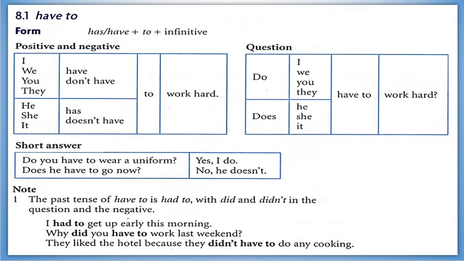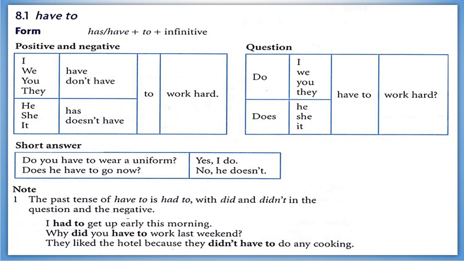8.1. How to use have to. The form is has with he, she, it, and have with I, we, you, they, plus to, plus infinitive. Example, on positive and negative sentences: I have to work hard.